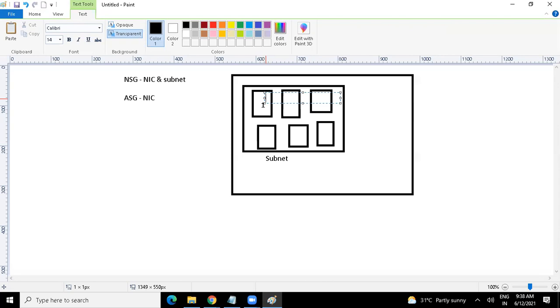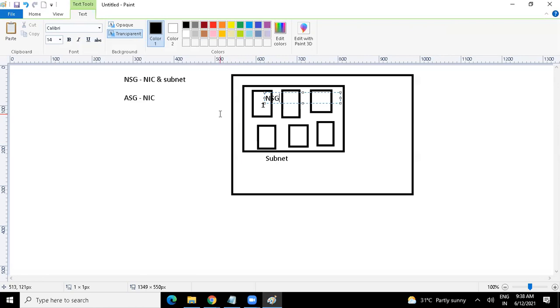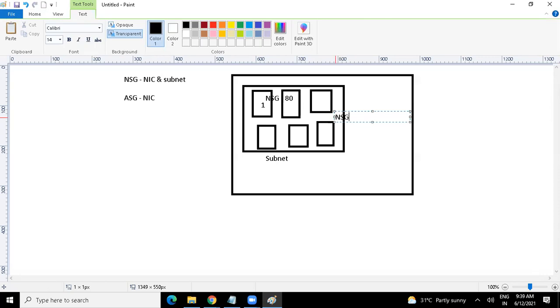Okay. So for example, if they allow port 80 at the NIC level and deny it at the subnet level, which one is going to work? Here at the NIC level we have allowed port 80, and at the subnet level we have denied port 80.